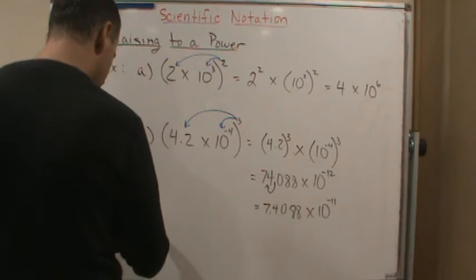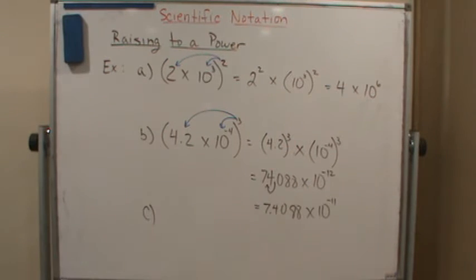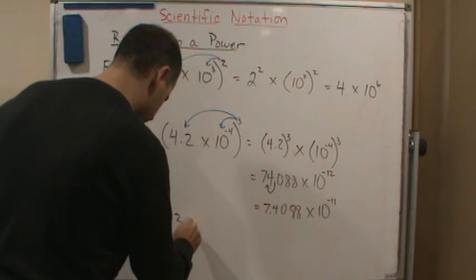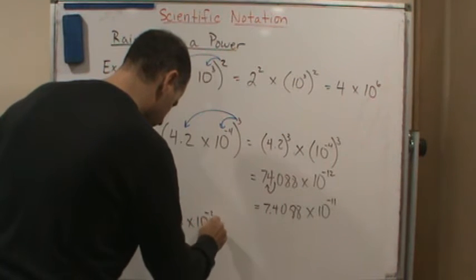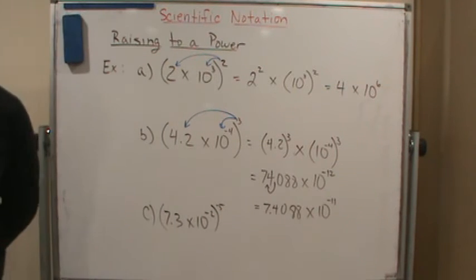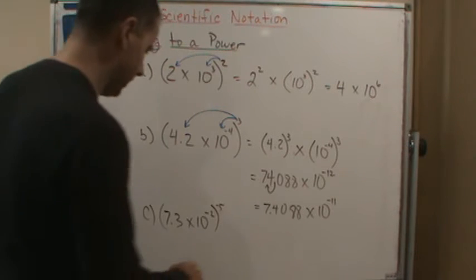Now, then part C gives us what? Part C says 7.3 times 10 to the negative 2 raised to the negative 5th power. And so again, we're just going to handle this the same way as we did the others.